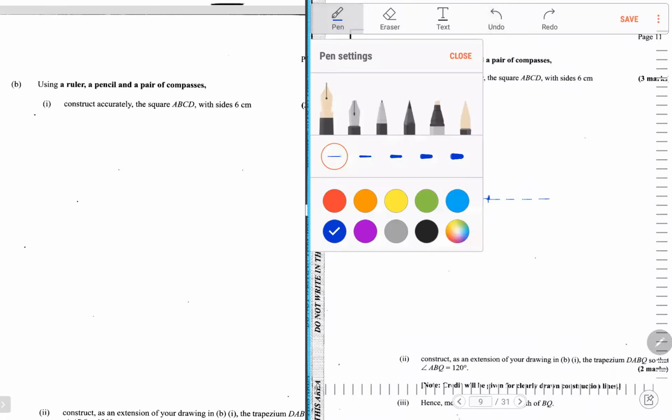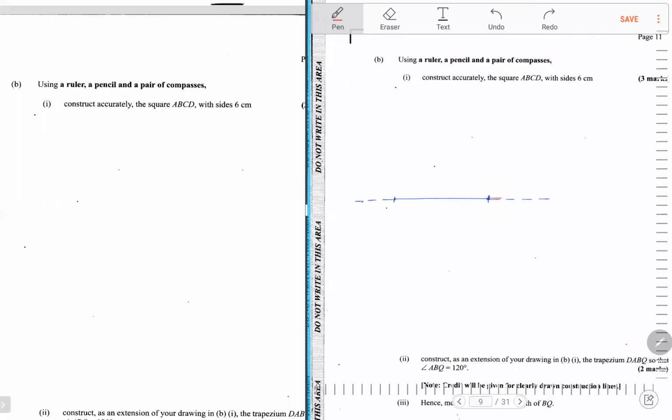Let's use a red. All right, so ready again. I'm going to make an arc first from this point. So make an arc over here. And it's like bisecting this line segment. So you put a point here, open the compass to more than half, and make an arc at the top. I'm making an arc at the top, like that.